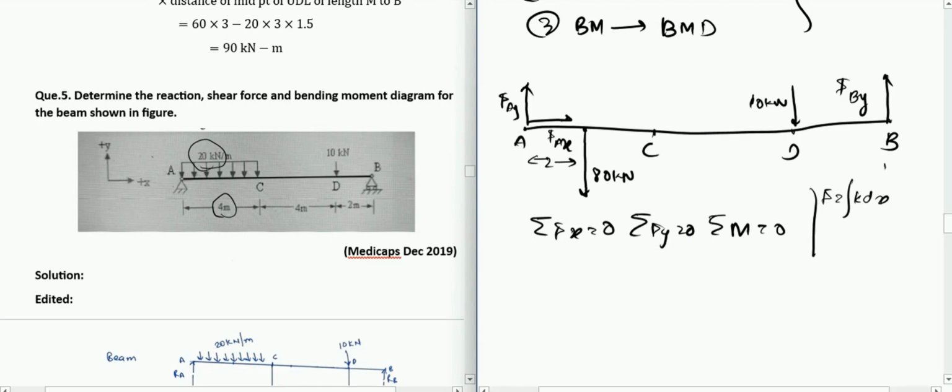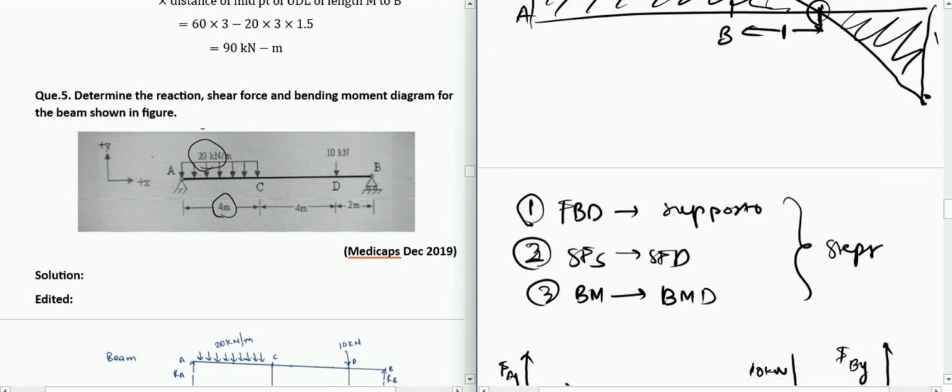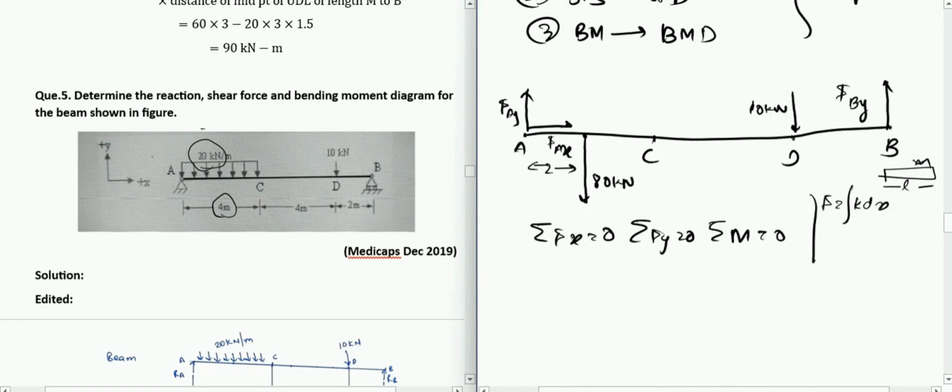Let us say there is a UDL of length L and the magnitude is K. The total load can be calculated as the integration of K into ds, which means the integration of all the small parts acting on the beam. K is constant here, which is 20 kilonewton per meter.